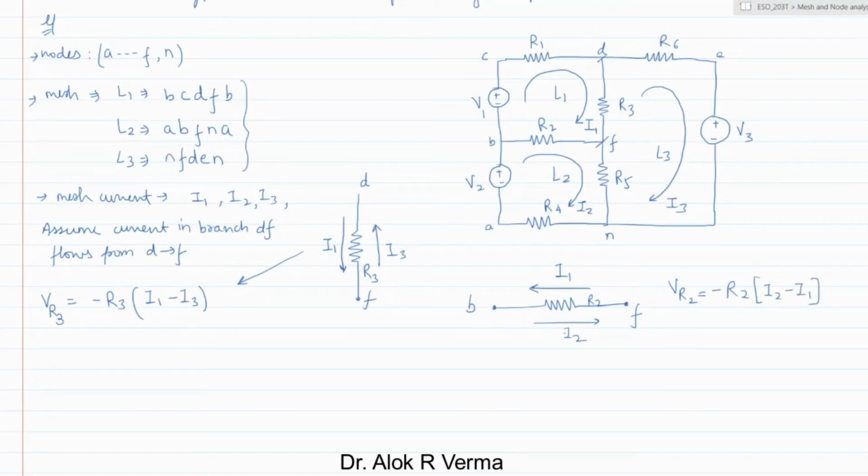But if we assume the current in the direction of I1, then VR2 will be minus R2 times (I1 minus I2). So this is the difference, depending on whether the current flows from B to F or from F to B. Both are correct; based upon the direction of the current, we consider the polarity of the voltage across R2.